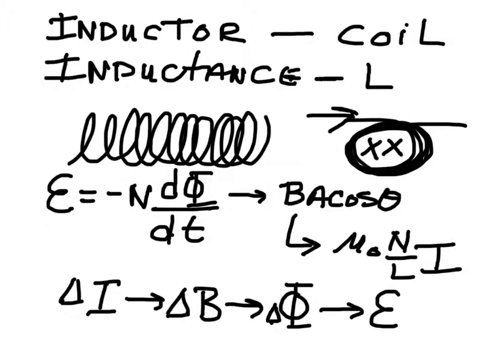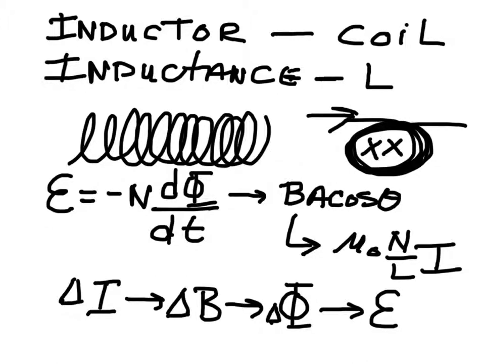Okay, so since the flux into the page is increasing, Lenz's law says you need to oppose that change. So the EMF has to drive a current in the opposite direction, the counterclockwise direction, which would lead to field lines and a flux coming out of the page, which would tend to prevent the increase in flux that's producing the EMF itself.